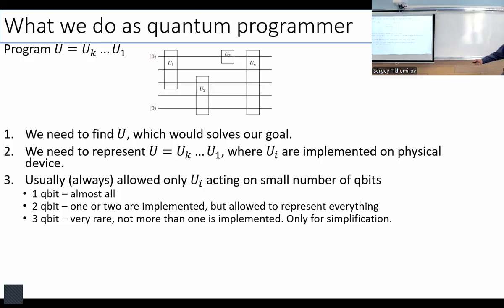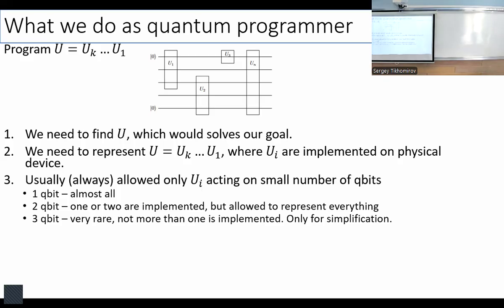Usually they have very few two-qubit operations, because one operation is enough. Not any two-qubit operation, but there are operations which are enough to construct all two-qubit operations, and together with all one-qubit operations this gives you the full set.